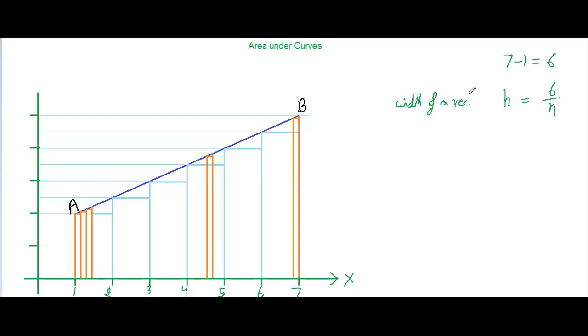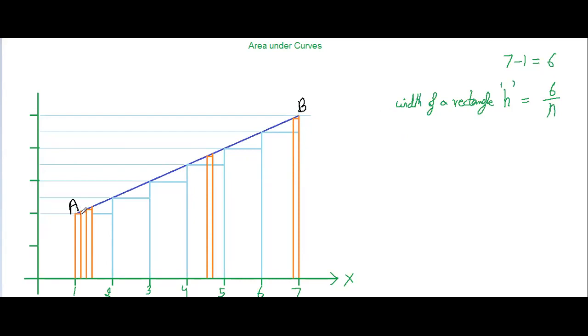The bigger rectangles we are not going to consider now. We are going to consider these small rectangles. The width of a rectangle, we denote by h. This is 6 by n because we are going to make n parts of the width 6.